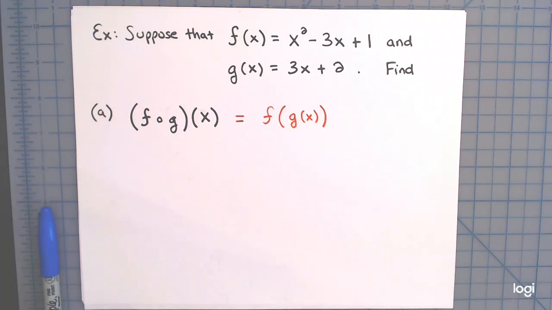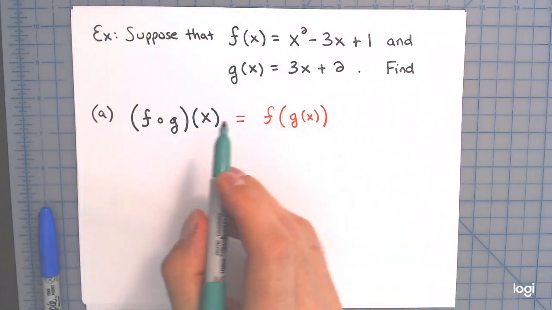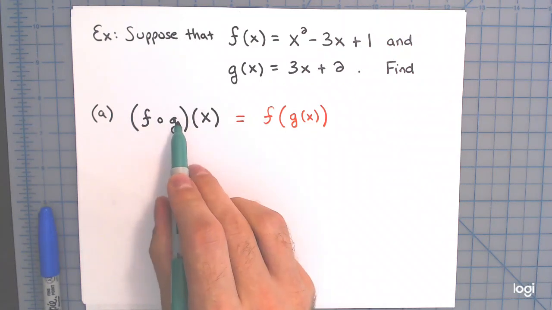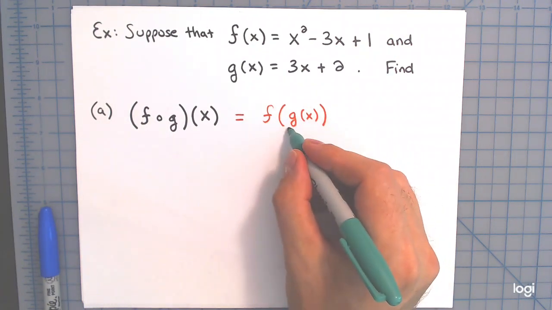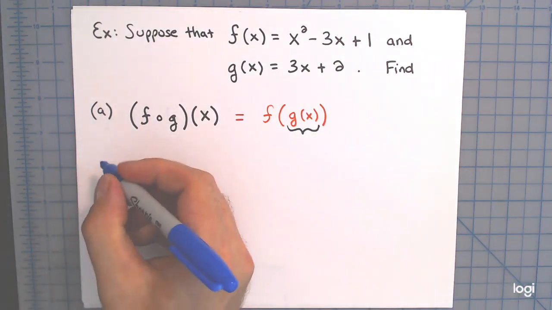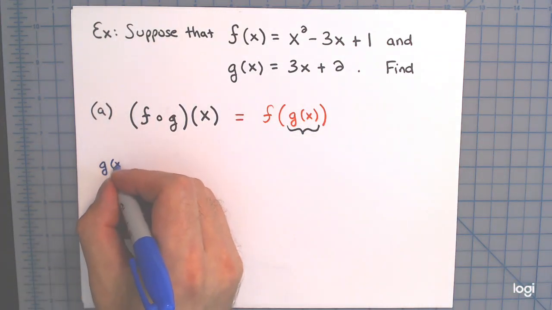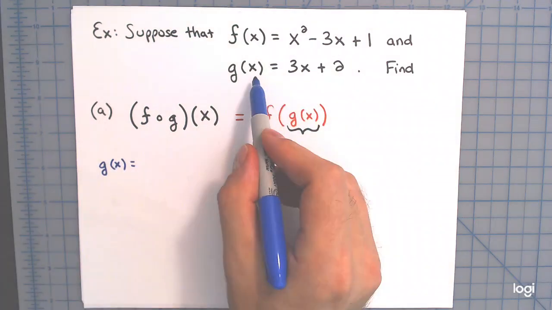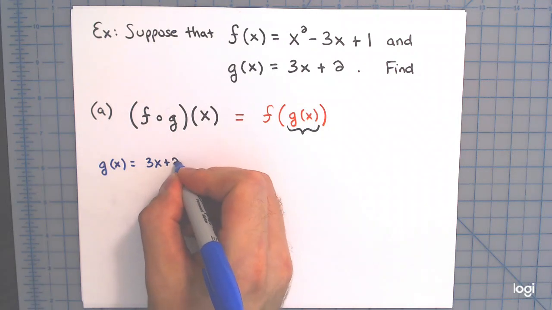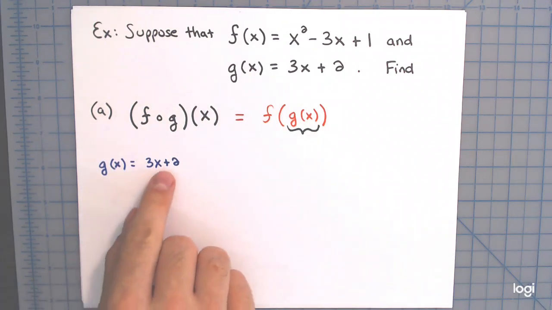And like the examples before, I'm going to take this number x, which represents a number, put it into g, and find g of x. Well, we already know what that is. g of x, the value of g at any x, is 3 times that x plus 2. Okay, and that's it. That's as simple as I can get.